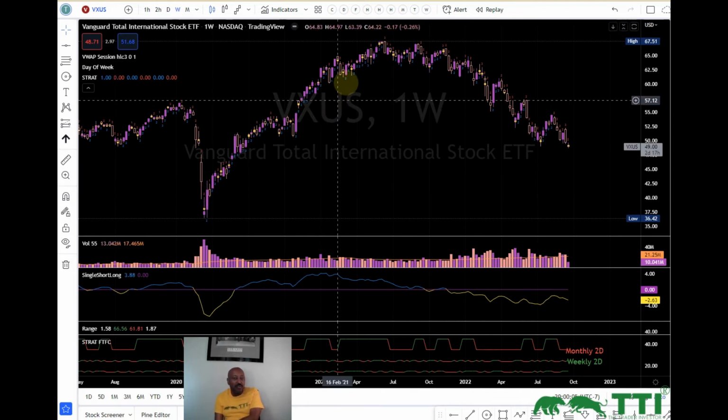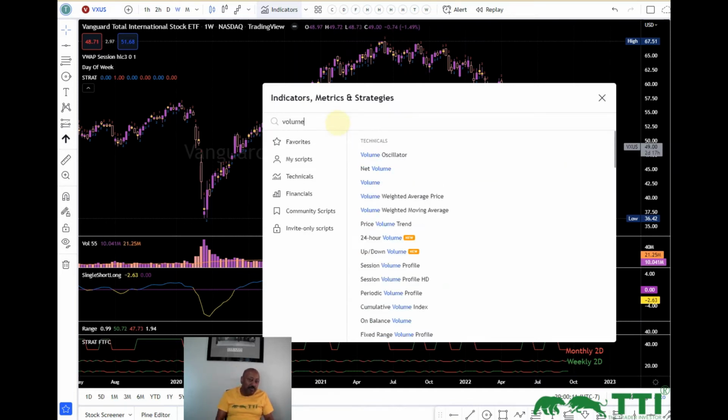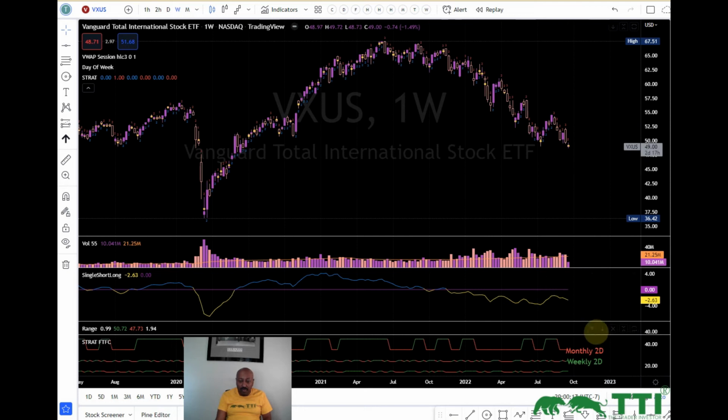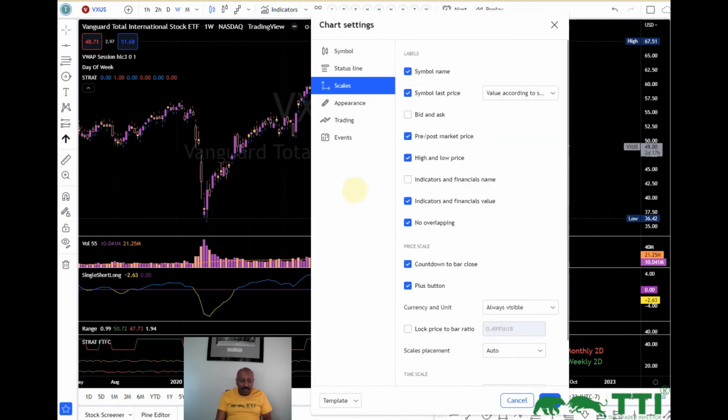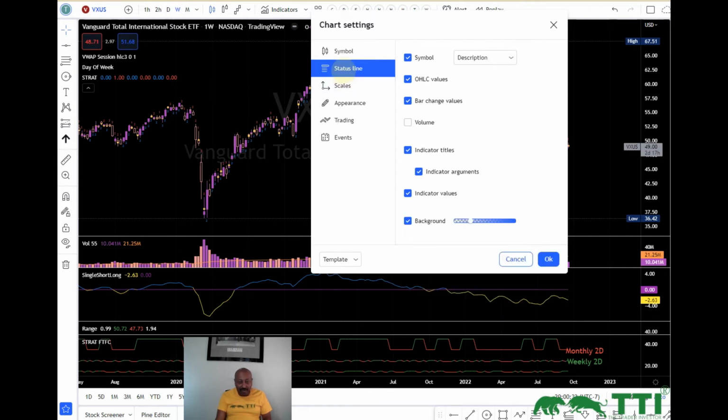Yes. So when you go to indicator and just type volume, there's that here. Or you can go to setting. I think on setting there's a place where... I use a lot of my own indicators, so I forget where these settings are.